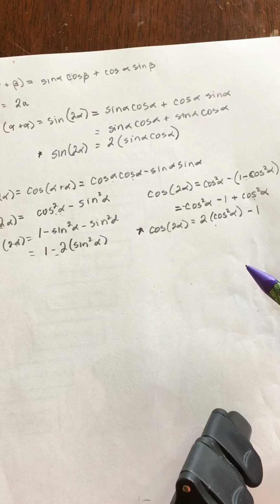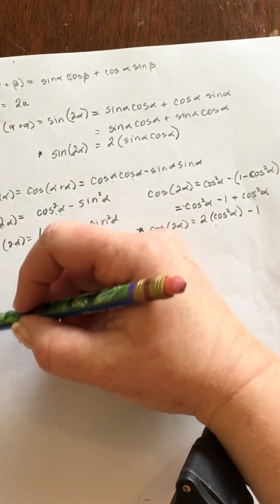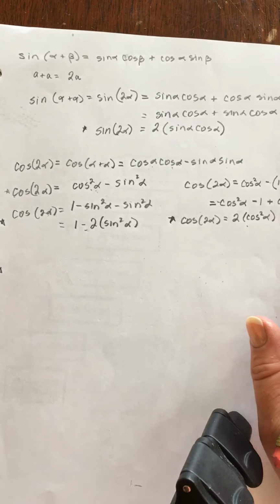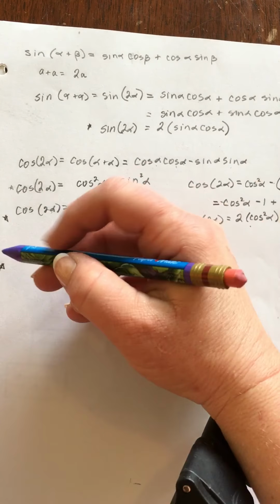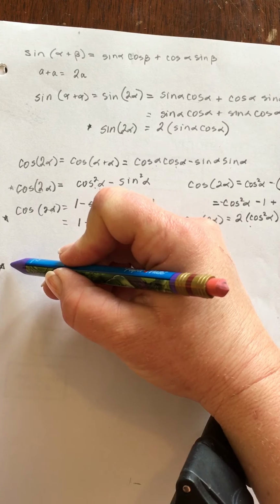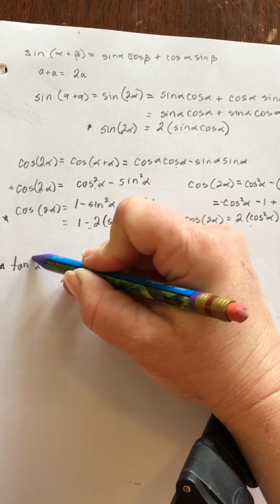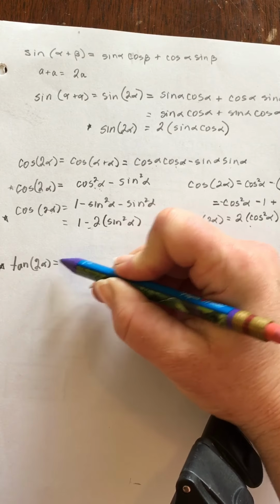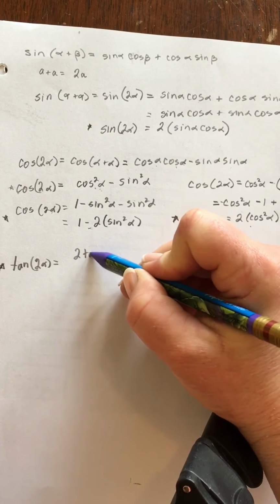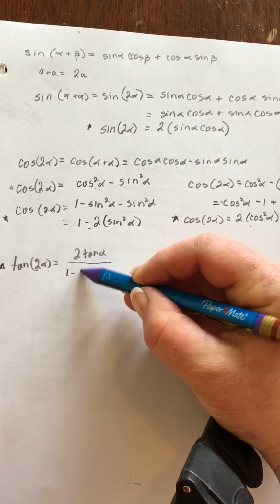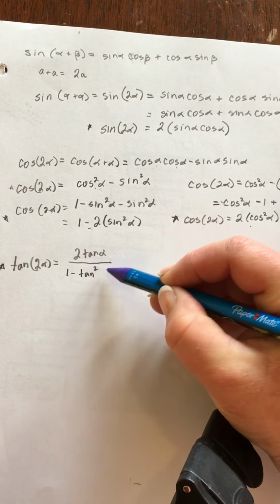And then for tangent, we just have one. So I'll go ahead and give you that one. So your double angle for tangent is going to be the tangent of 2 alpha equals 2 times the tangent of alpha divided by 1 minus the tangent squared of alpha.